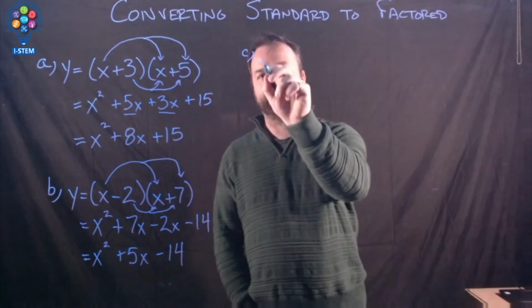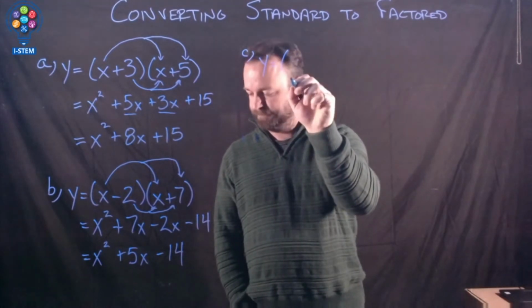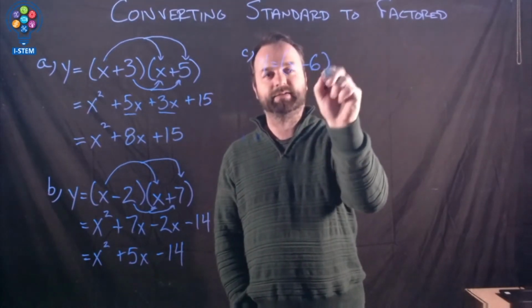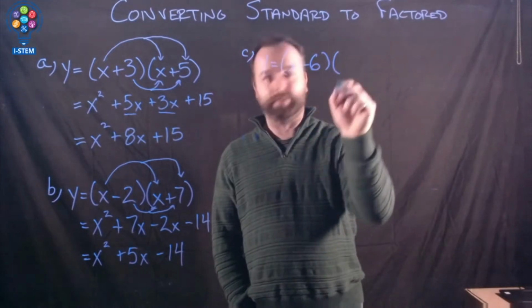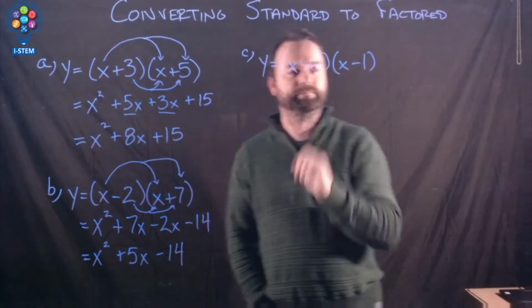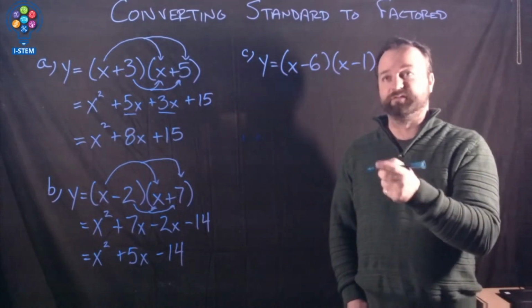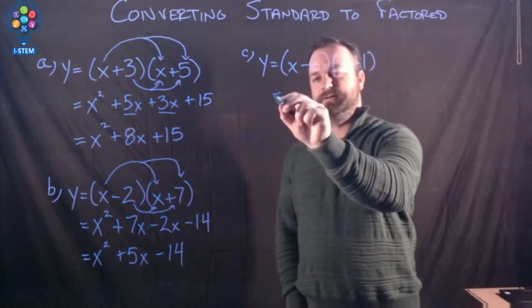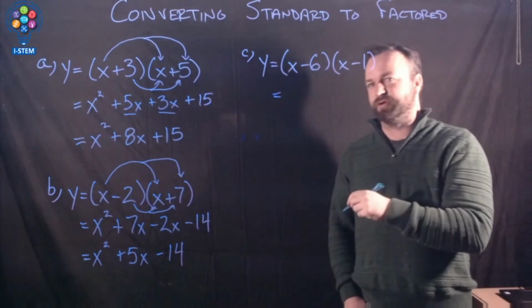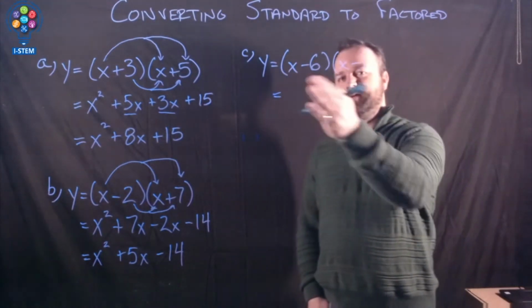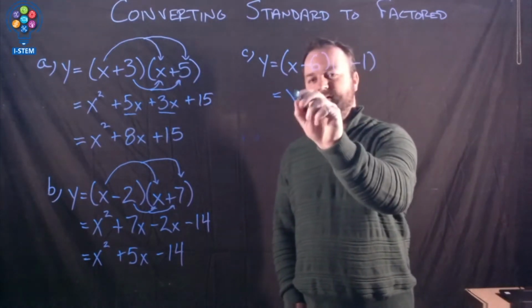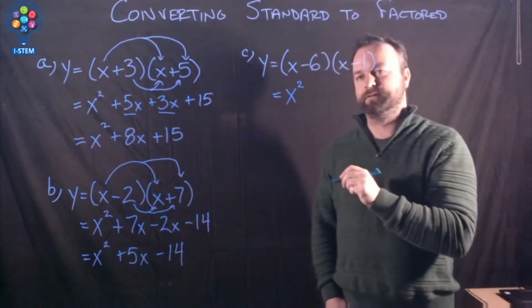So the next example is y equals x minus 6 times x minus 1. Again, we're using FOIL to expand. I draw the arrows in just to show you what I'm doing, but we don't always need to do that. The first two terms multiplied together, x squared.